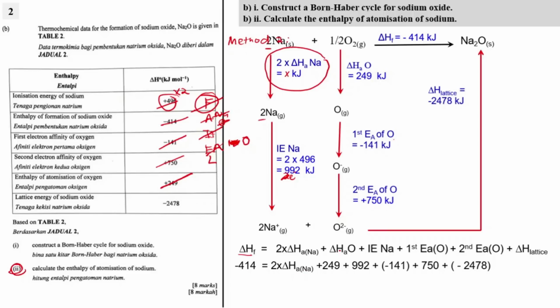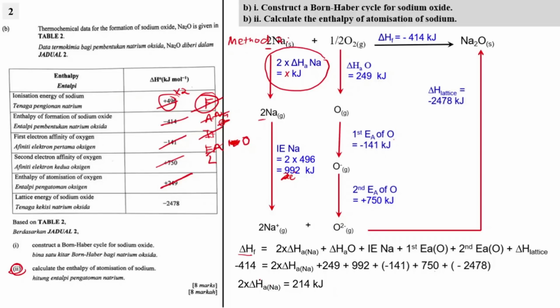HANa we need to find out. HAO is 249. Ionization energy is 992. First electron affinity of oxygen is negative 141, so don't forget the negative here. Second electron affinity is 750, and then lattice energy is negative 2478. So once we do the math, we're going to get our 2HANa to be 214 kilojoule.